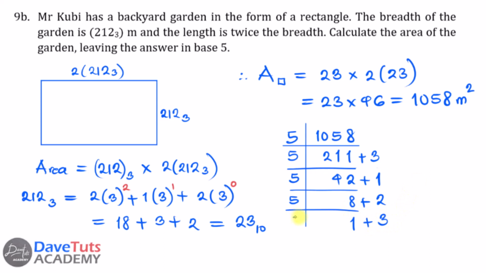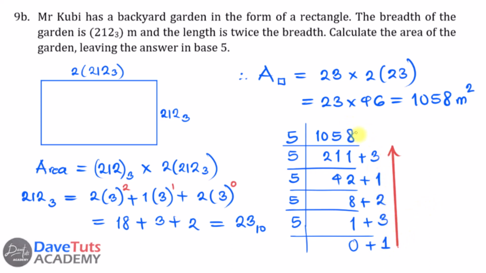Finally, 5 in 1 is going to be 0, as 1 is way less than 5, and 1 remains. So the answer we are looking for, taking the remainders up, is 13213.